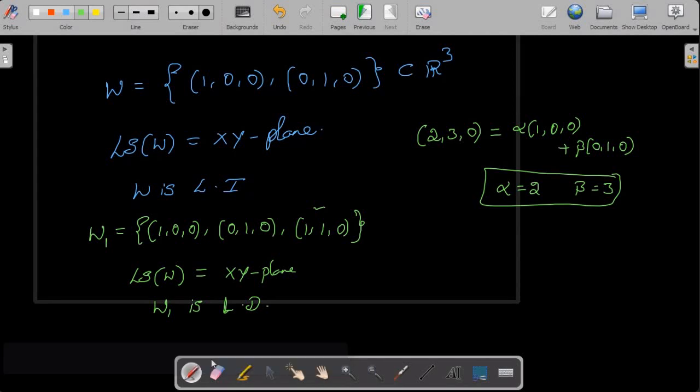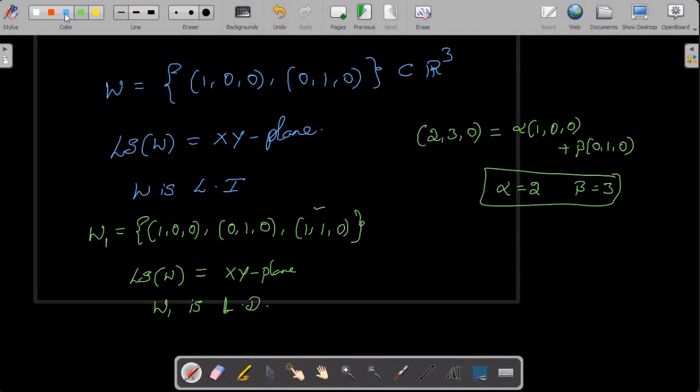So in this case, what happens, any element in the XY plane may not be uniquely expressed as a linear combination of elements here. Means you can express it as a linear combination, but that may not be unique.